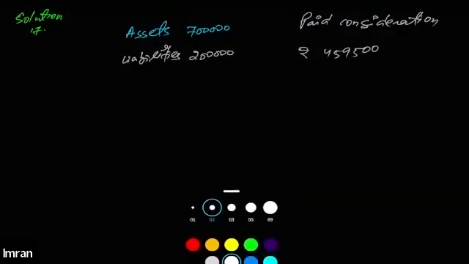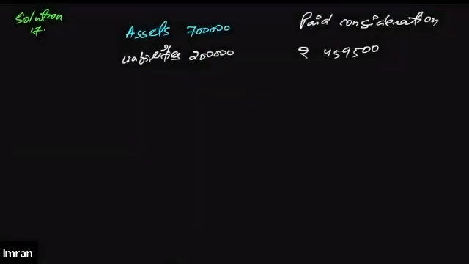Now see, pay attention, try to understand that if the total value of the assets was 7 lakh and the total value of the liability is 2 lakh, that means the net value of the asset and liability that Sandesh bought, after adjusting the liability with the asset, is 5 lakh, right?